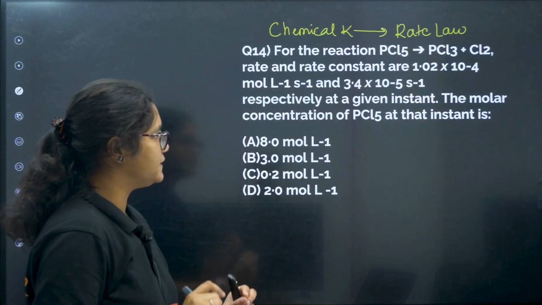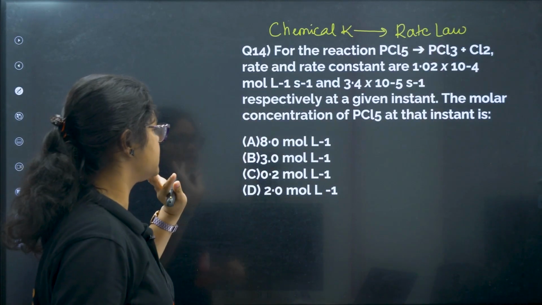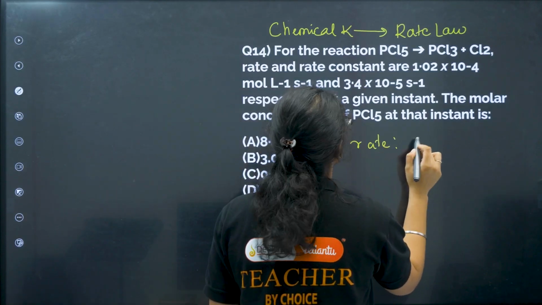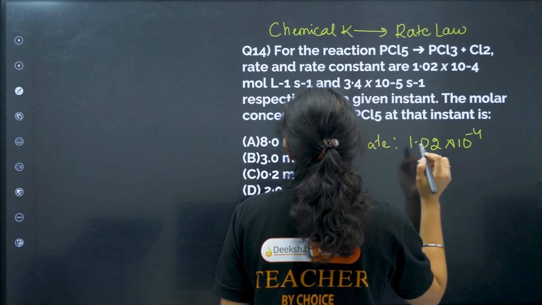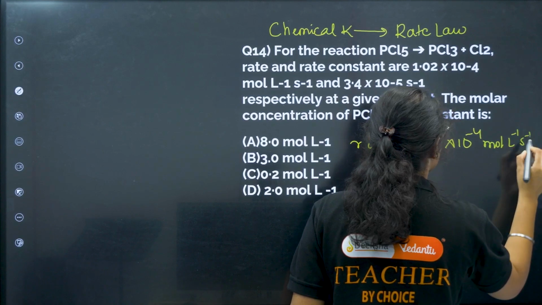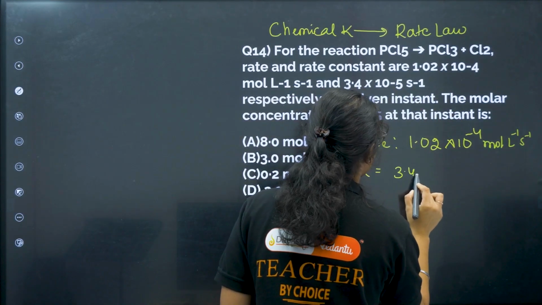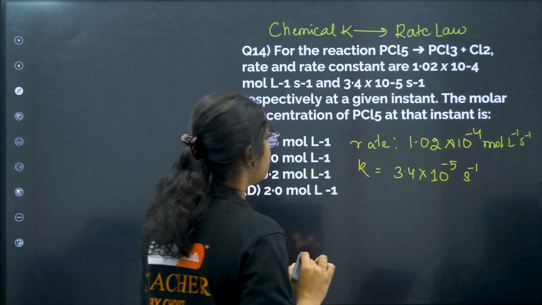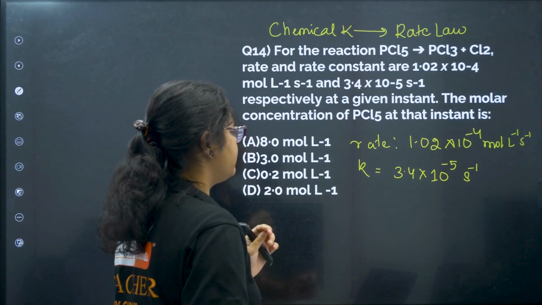The rate is 1.02 into 10 to the power of minus 4 mole liter inverse second inverse, and the rate constant K is 3.4 into 10 to the power of minus 5 second inverse. Now we need to calculate the molar concentration of PCl5 at that instant.